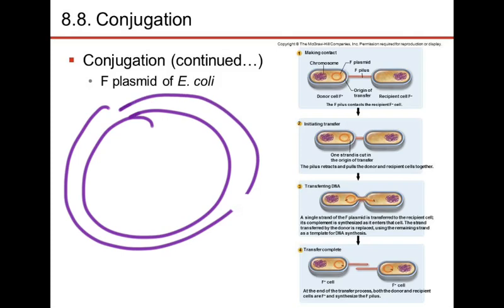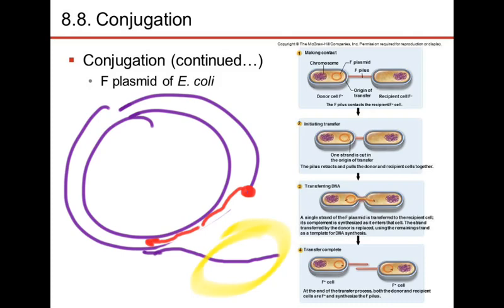And then DNA polymerase comes in and starts to replicate right here from this end, and as DNA polymerase moves along this way, it pushes that nicked strand and makes it separate from the other strand as DNA polymerase continues to replicate along. And then this strand is pushed through the sex pilus as this circle is replicating.